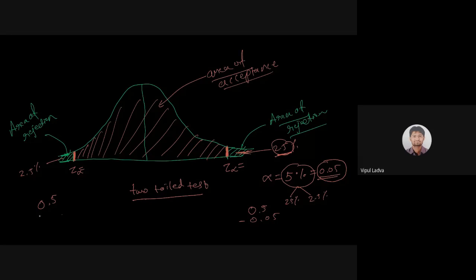We will be subtracting 0.025 from 0.50, and that will be 0.475. So this will be my z-score for 5% level of significance in two-tail test, and I will be interested where that 0.475 stands in the normal table.